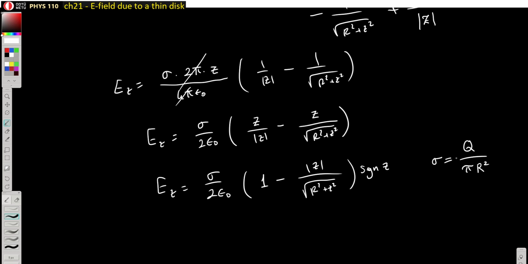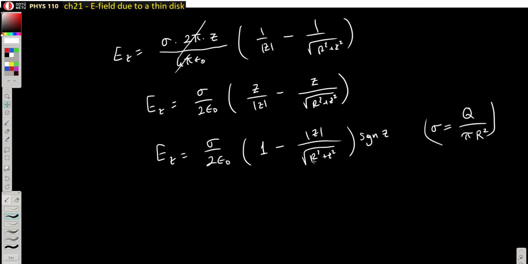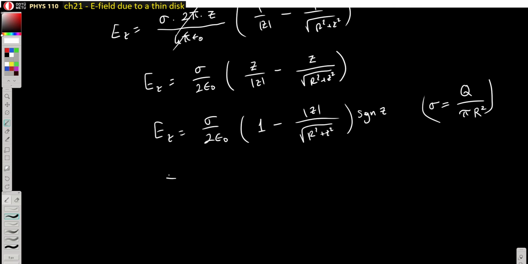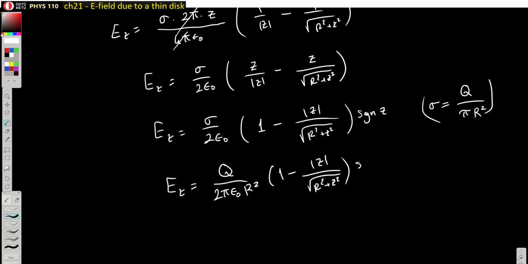So let's just express everything in terms of the given quantities, which is basically the charge and the radius of the disk, and z. So therefore, in terms of this, the electric field is given as Q divided by 2 pi epsilon 0 r squared, times 1 minus absolute value of z divided by the square root of r squared plus z squared, times signum of z, in newtons per coulomb.